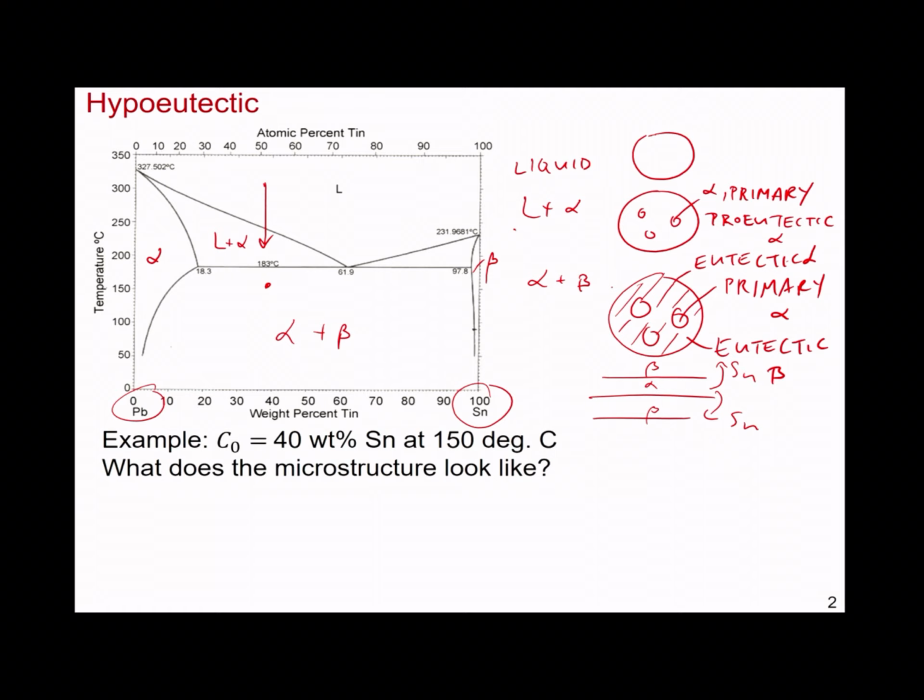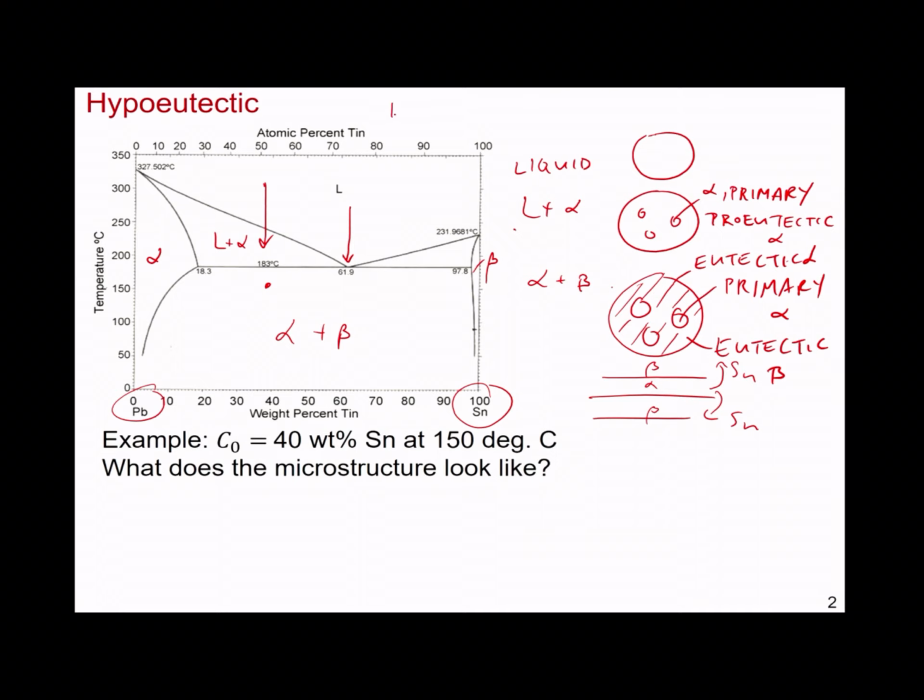Let's hold that thought; I'll come right back. Let's talk about the microstructure of the eutectic composition. What happens when you're coming down in temperature, so you're solidifying right at 61.9 weight percent tin in this lead-tin system? The microstructure will look something like this, where you have liquid, and then you just go from liquid to alpha plus beta.